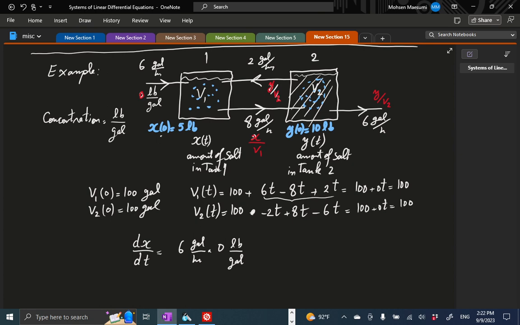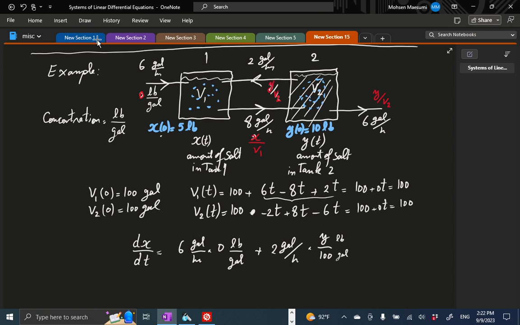Then, salt pouring in here. So how does that one work? That is coming in at the rate of 2 gallons per hour, and it has a concentration of Y over V2. Well, V2 thankfully is kept at 100, so this is Y pounds per 100 gallons.